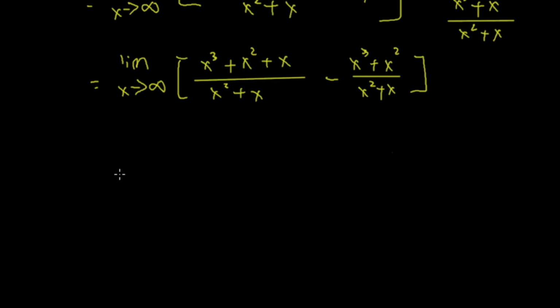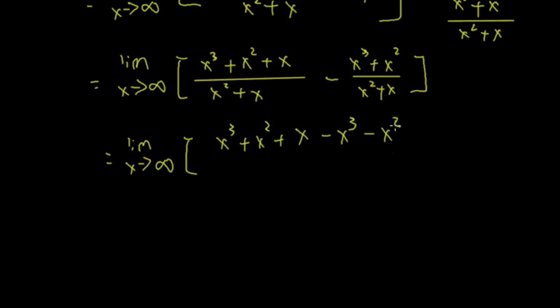Now group this together. We have the limit as x approaches infinity of x cubed plus x squared plus x minus x cubed. Now minus plus will become minus x squared. Divided by here, x squared plus x.